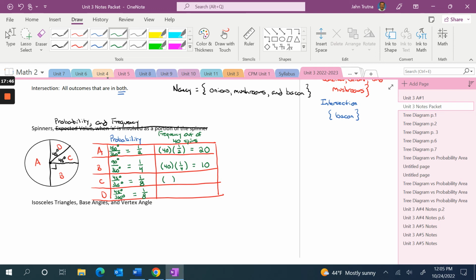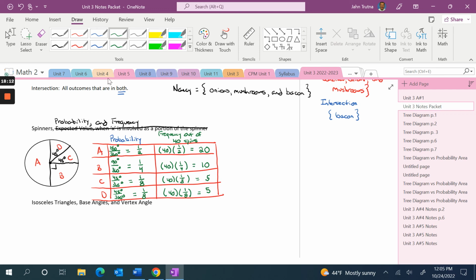For C and D, they're going to be the same answer because they have the same probability. You take the 40 and multiply it with 1/8, which gives me 5. So the number of times I would expect the spinner to land in C or in D out of the 40 spins would be 5.